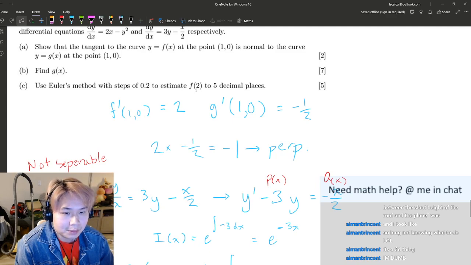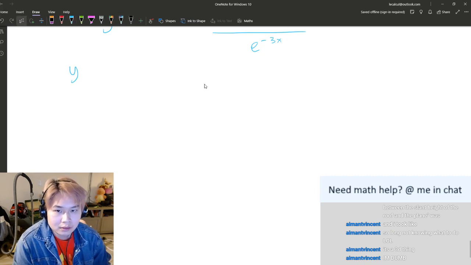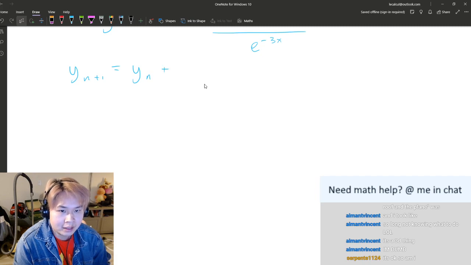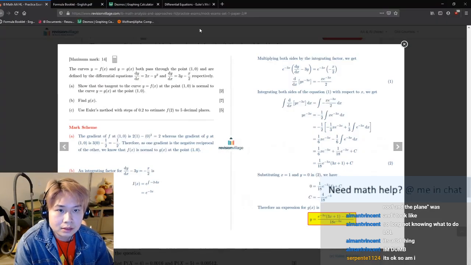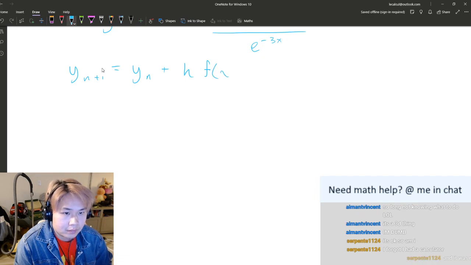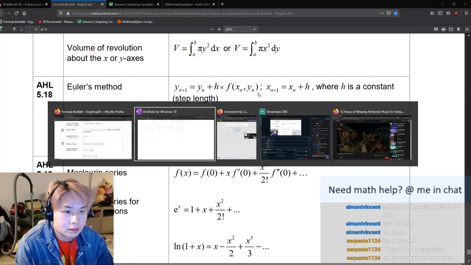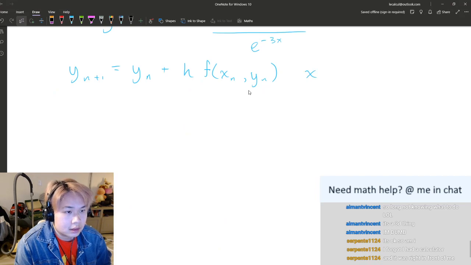Okay, we're gonna use steps of 0.2 to estimate this, and then Euler's method says y n plus 1 is equal to y n plus h f of x n, y n, and then x n plus 1 is x n plus h.